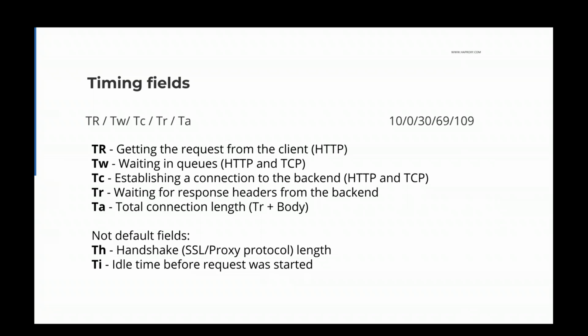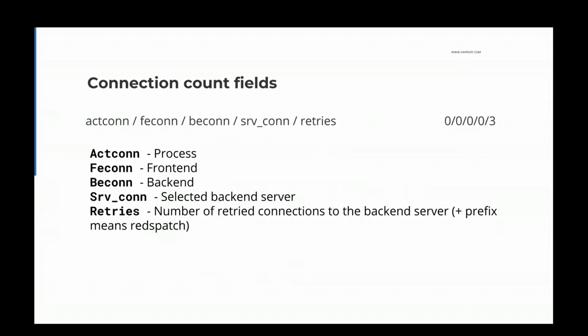And you have TI for the idle time before the request was started, which is much less useful than TH, but is very useful if you are trying to debug a problem involving predictive connections from browsers, and you want to see if a given connection was predictive or made immediately for a given request, but generally not all that relevant outside of that.